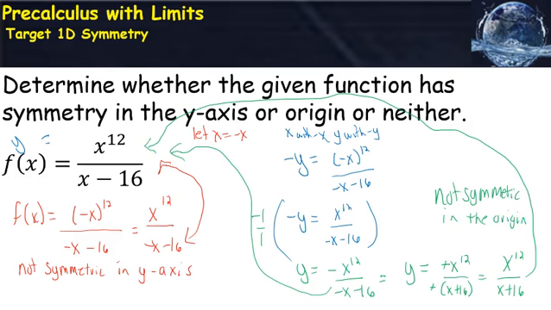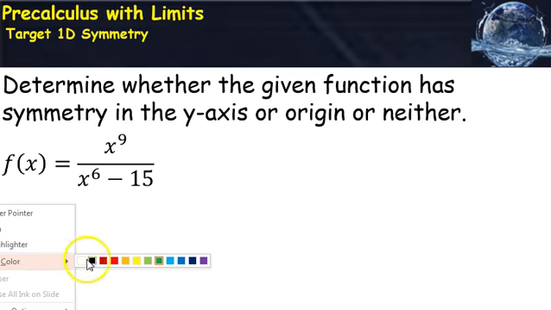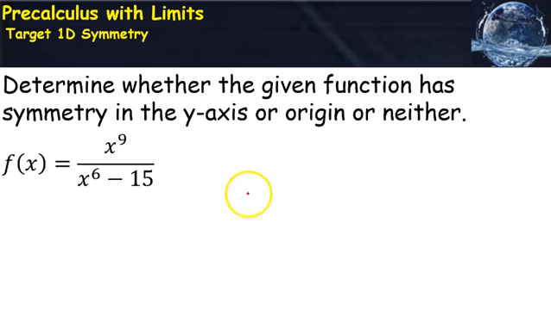Okay, so let's look at the next problem. I'm again looking for the y-axis and the origin. For the y-axis, I'm going to replace x with negative x. So I get y equals negative x to the 9th over negative x to the 6th minus 15.